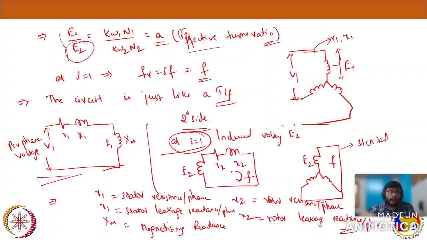But the reactances X1 and X2 are dependent on frequency. Why? Because for a reactance, the formula is omega L, where L is the inductance, and omega is equal to 2 pi f. Within the 2 pi f you have the frequency term.